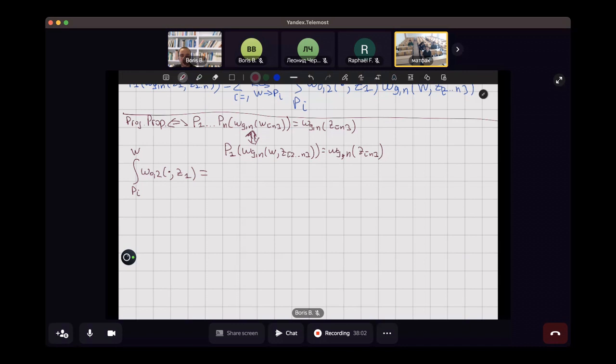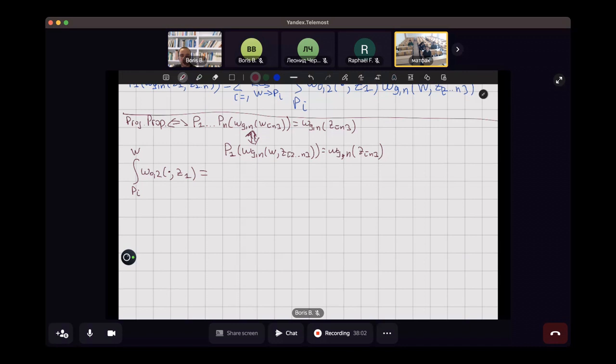So we have something like this, and we know that this is equal to omega gn of Zn, and in fact we really can apply these residues consequently.